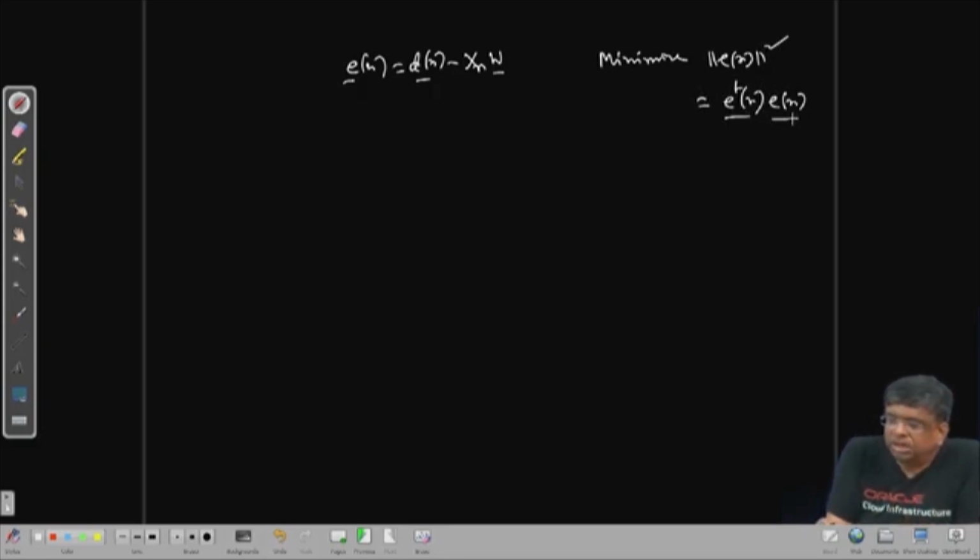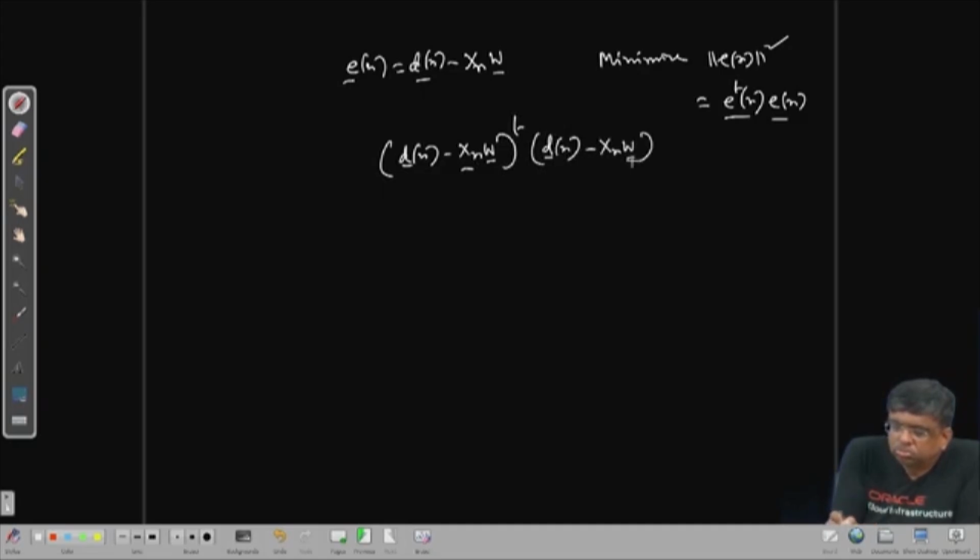Now, En transpose En, replace En by this. So, this is a column vector, after transposition a row vector.